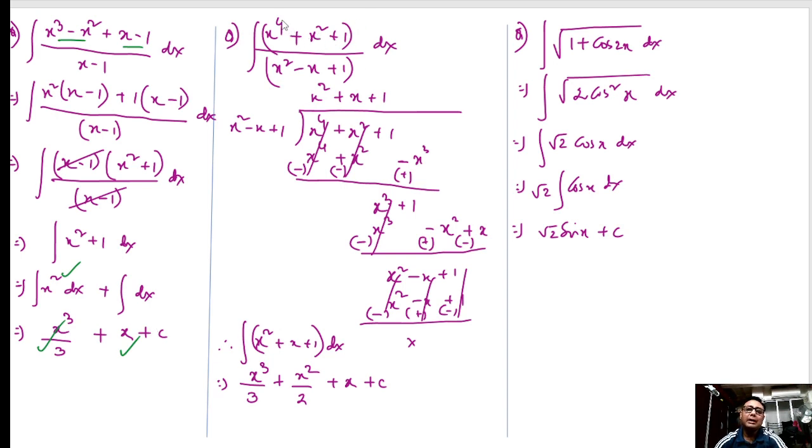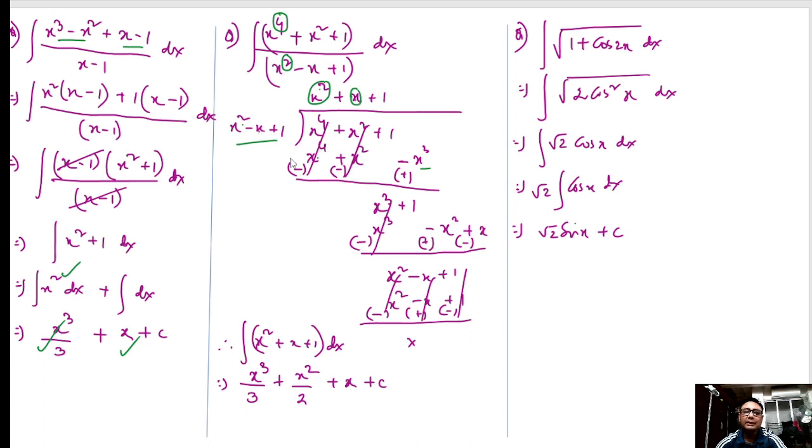Now whenever the upper power is equal or bigger than the lower power, you have to divide it. So first it will go with x square. So x square into x square is x4. Then x square into minus x is minus x cube. Then x square into plus 1 is x square. Changing the sign, this cuts. So it is x cube plus 1. And now we have to take plus x, because x into x square is x cube.